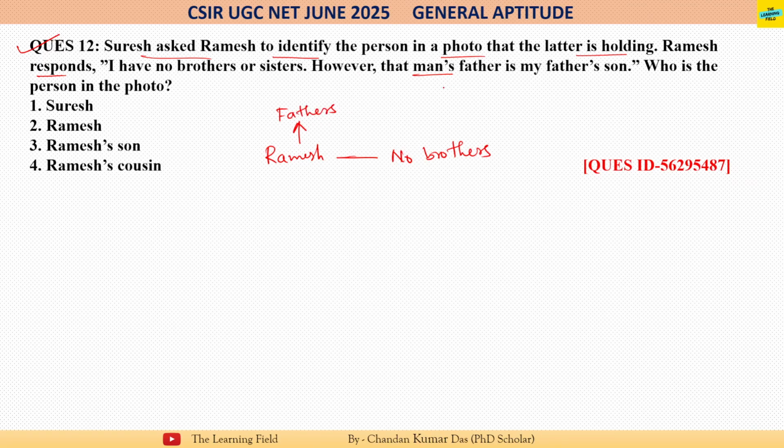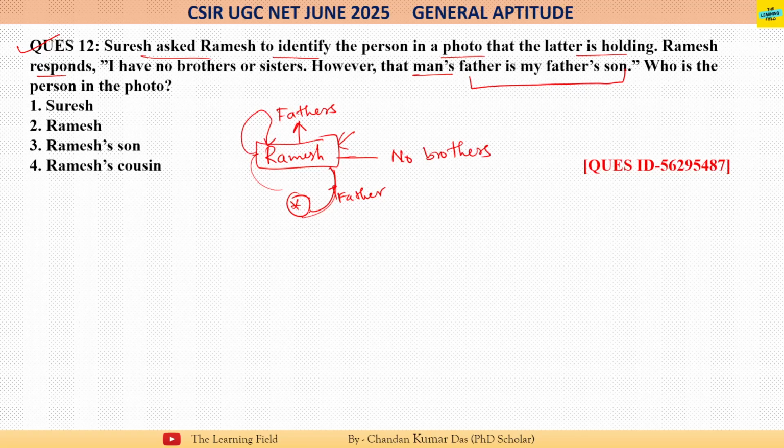Suppose this is the man. That man's father is my father's son. So Ramesh's father's son means who? Ramesh himself. That means Ramesh is the man's father. So this person's father is Ramesh's father's son. That means this man's father is actually Ramesh himself.